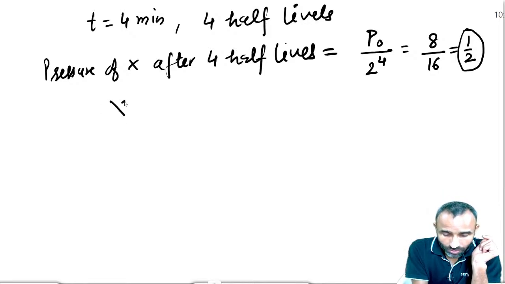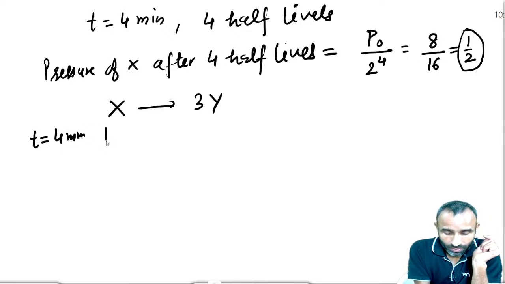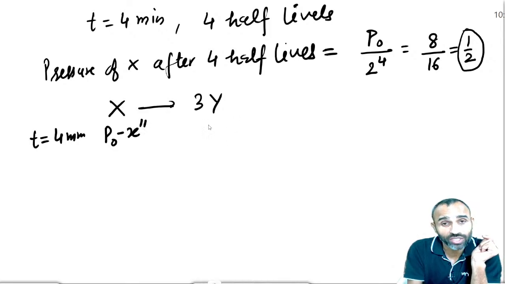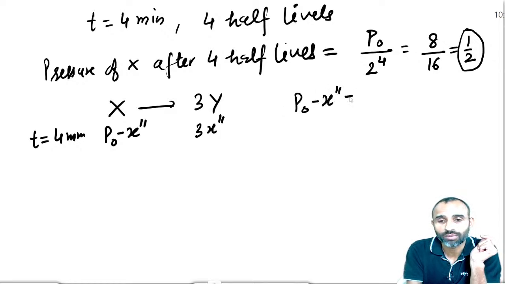That means x to 3y, after 4 minutes it is P naught minus x double dash, and it is 3x double dash. P naught minus x double dash is half.